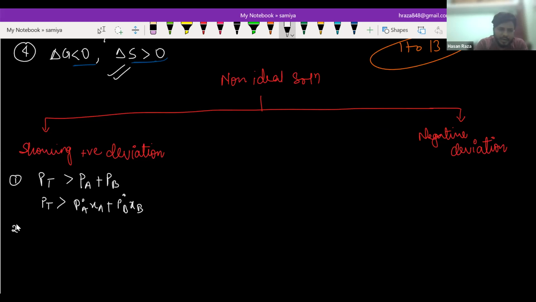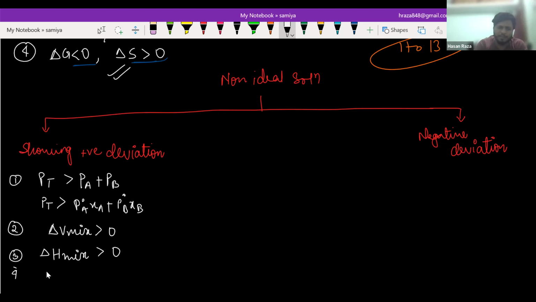The second condition is in the non-ideal solution, delta V mix not equals to 0. So basically, delta V mix showing positive deviation will be greater than 0. In the same way, delta H mix not equals to 0, and in positive deviation it is greater than 0.